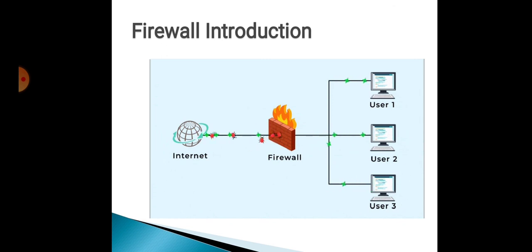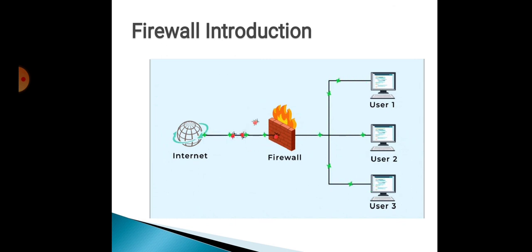A firewall must have at least two network interfaces, one for the network it is intended to protect and one for the network it is exposed to. A firewall is placed between a private or corporate network and a public network, that is the internet, which is shown in the diagram.